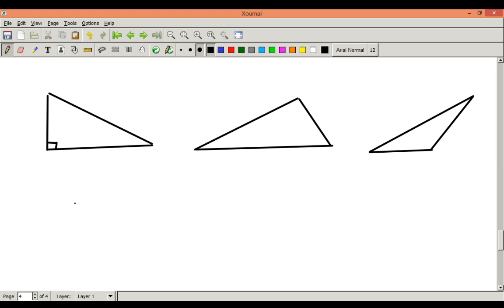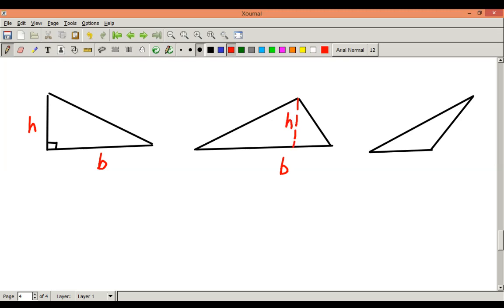So in a right triangle, here's the base, and there's the height. So remember, the base and the height of a triangle have to always be perpendicular. So in this first situation, the height is actually one side of the triangle. In the second triangle, there's the base. The height is actually inside the triangle, and it's not part of it.